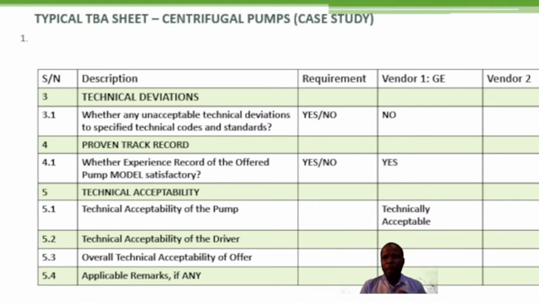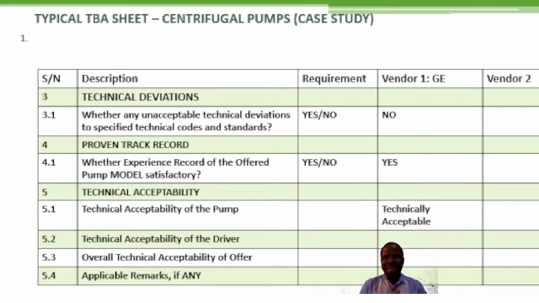See, for each pump item separately, whether the vendor is supplying you 10 pumps of different models, it's mandatory that he submits the experience record pro forma. Of course, every project has, you must have prepared your experience record pro forma that different vendors will need to fill in with their records for each equipment.